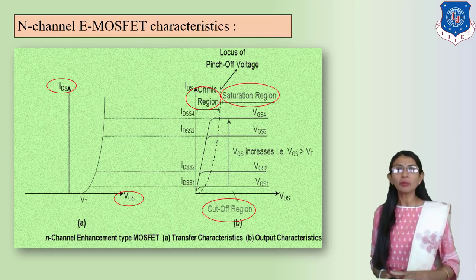So we will have this type of graph for different values of VGS: 1, 2, 3, 4. So we will keep a fixed value of VGS, constant VGS1, and we will measure the drain current ID versus VDS. So we will have this type of enhancement characteristic, the input characteristic, which is known as the transfer characteristic, and the output characteristic, which is known as the drain characteristic.